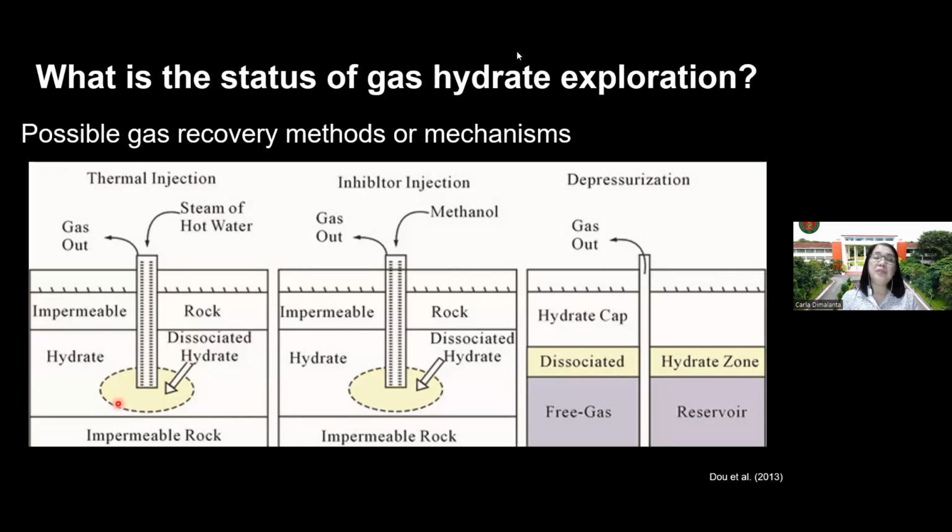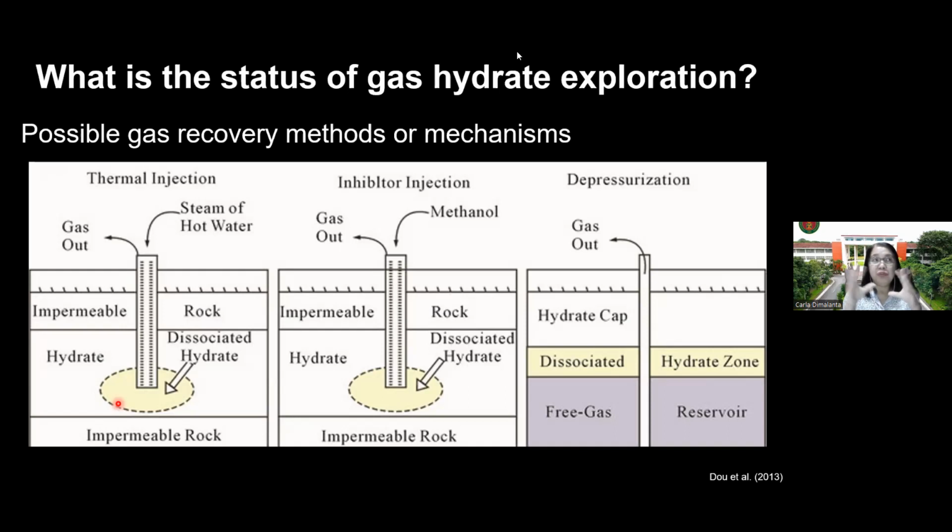What technology will allow us to safely extract the gas hydrates from deeper levels and then extract them safely without causing any accidental release into the atmosphere so that it contributes to global warming.